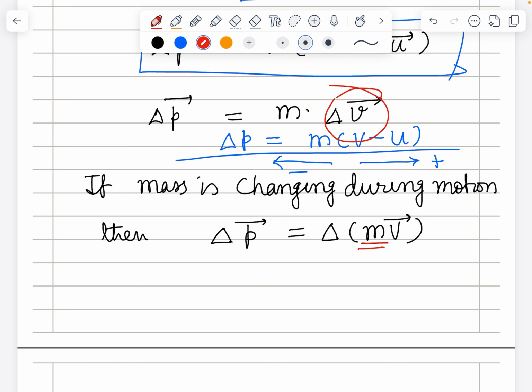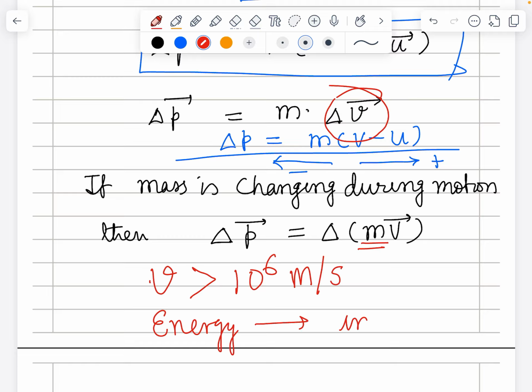But the change in mass is observed only when the body is moving with a very great velocity. Very great velocity means its velocity is more than 10 to the power 6 meter per second. In that case, what will happen? Its huge energy will be converted into, will induce some mass.